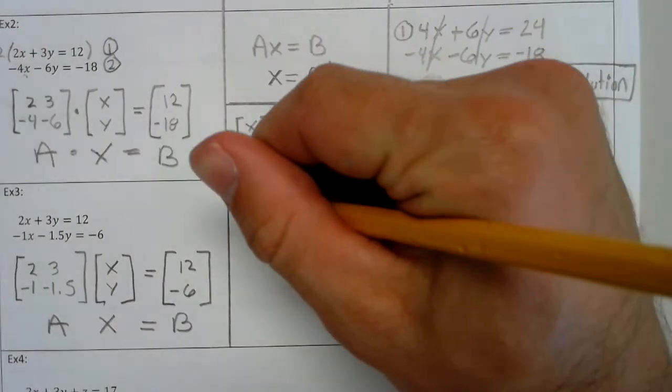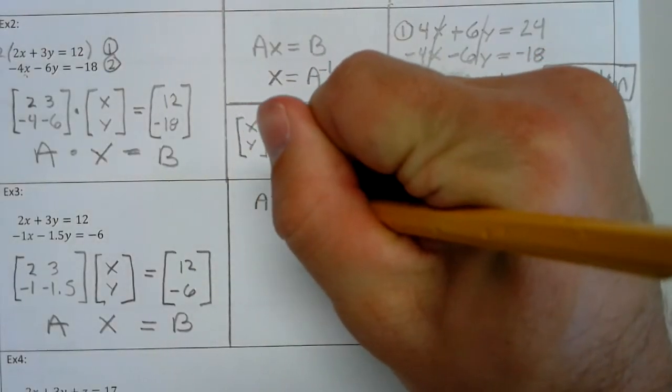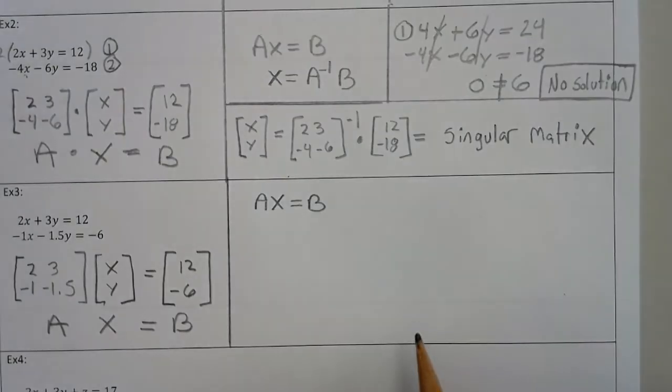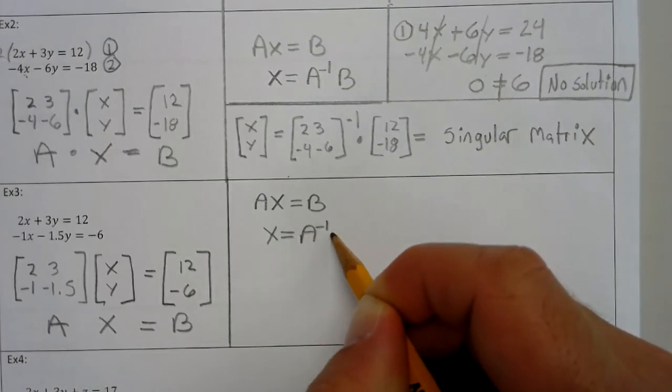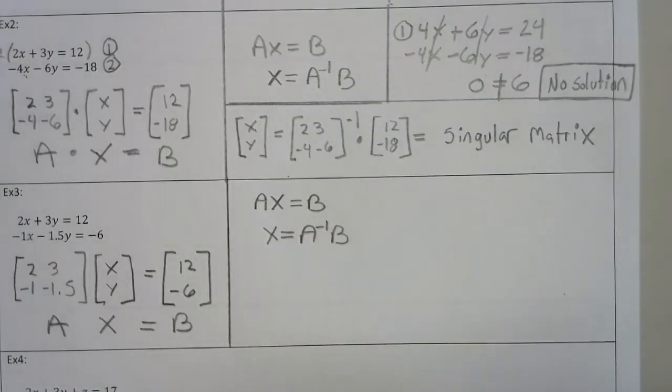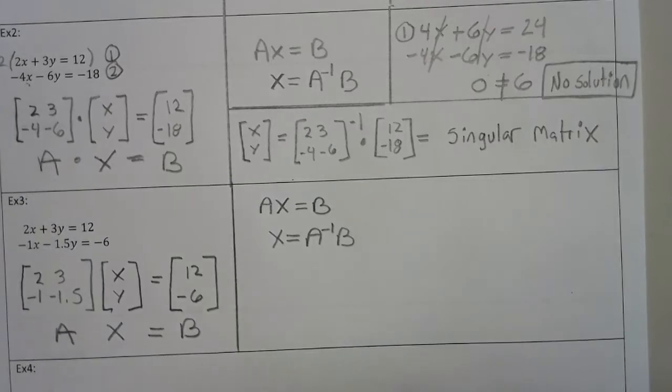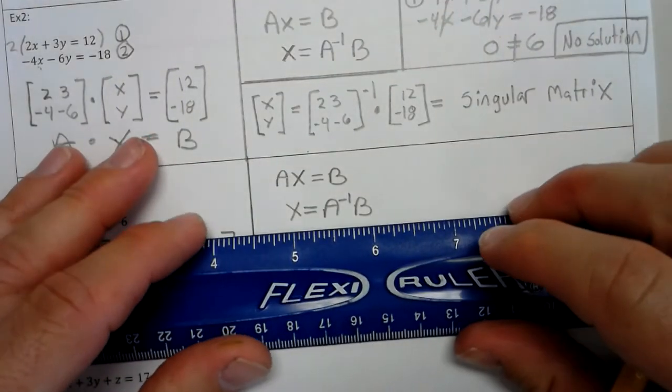All right, so again, we know that A, x equals B. So we multiply A inverse by both sides, you get x equals A inverse B. And at that point, you want to write that down in matrix form.